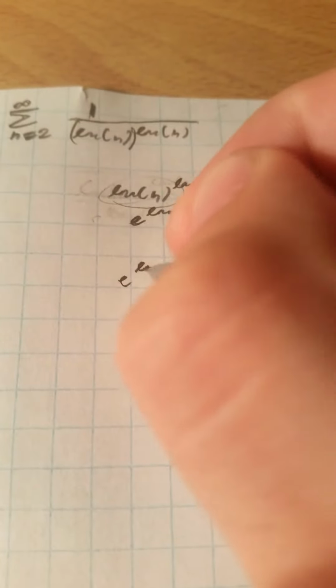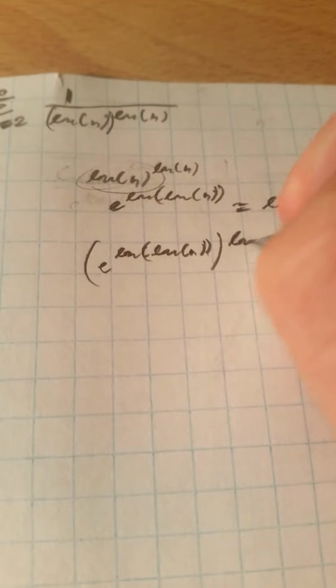So, it's pretty easy. We know that e to the power of ln of n, or at least I hope we do, equals ln of n. So having this, we can just plug it right into there. So then we get e to the ln of n to the power of ln of n.